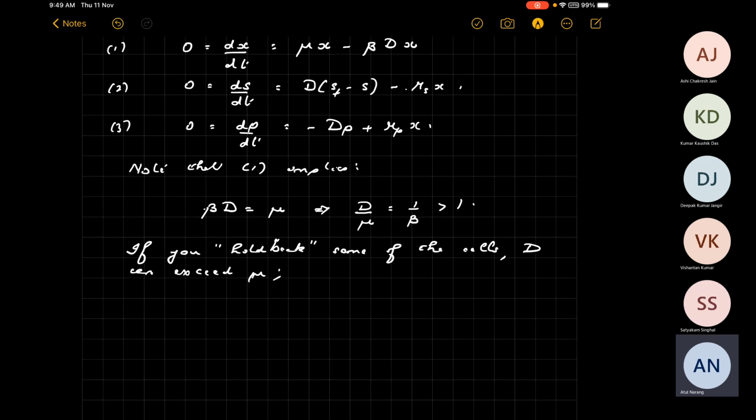And it's also clear that the more you hold back the cells, that is to say, the smaller you make the value of beta, the more D can exceed mu.